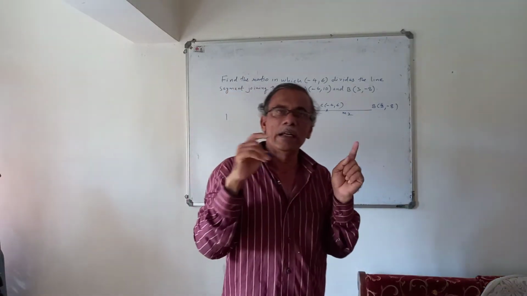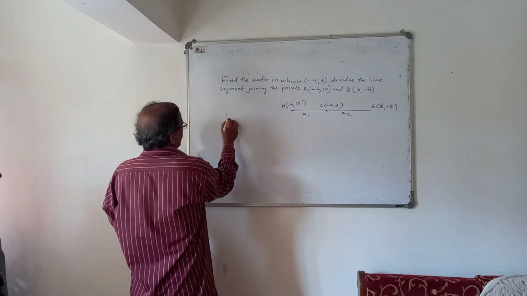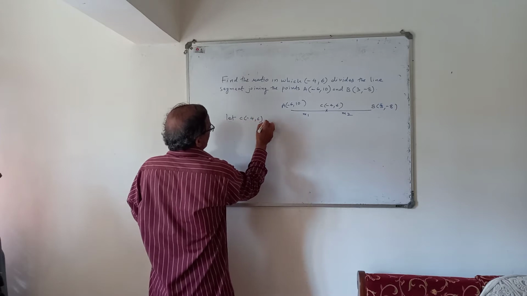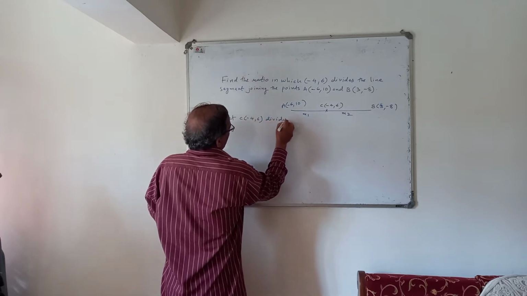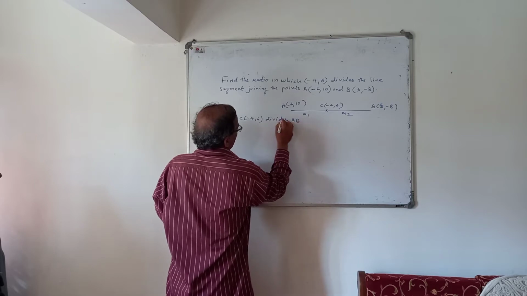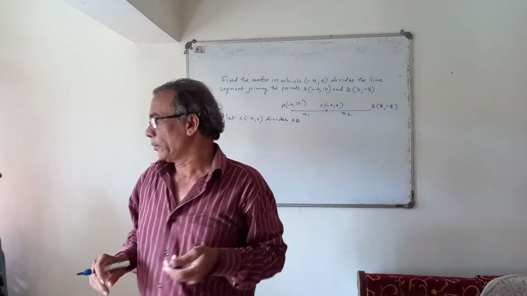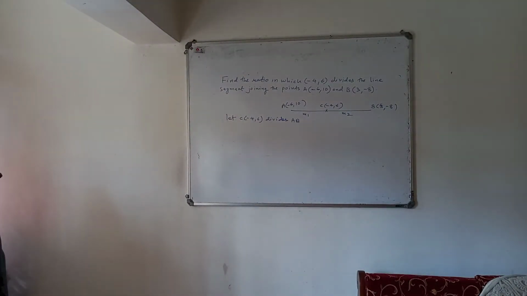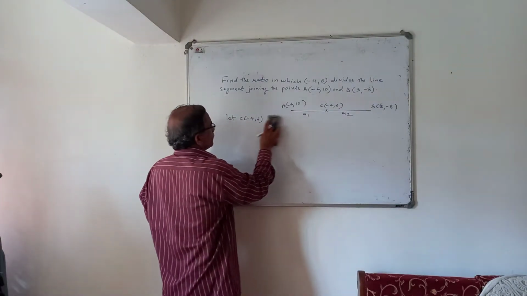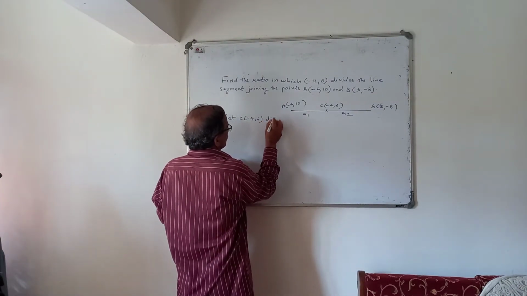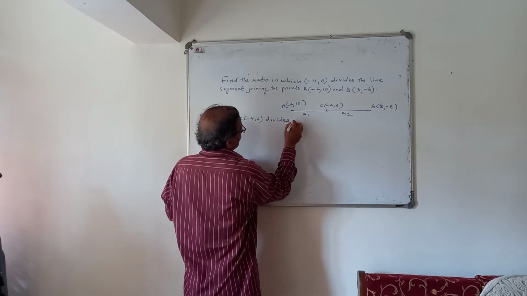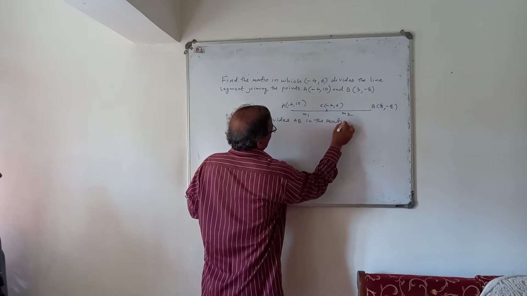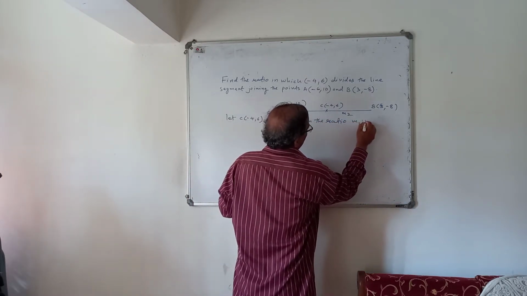Let C(-4, 6) divide AB in the ratio m1 is to m2.